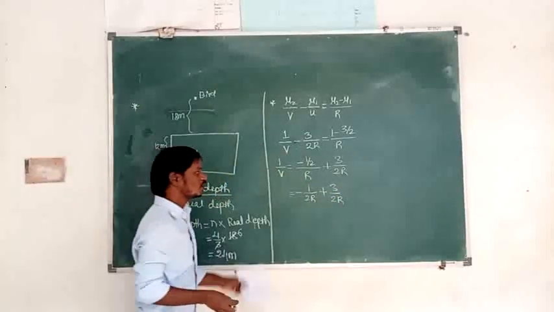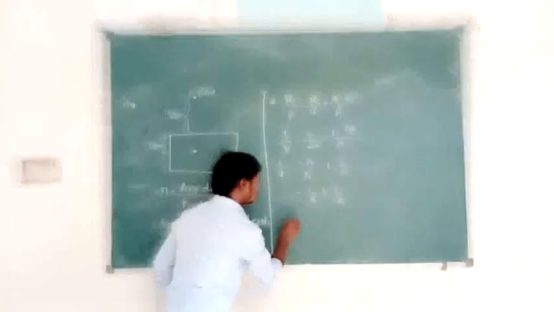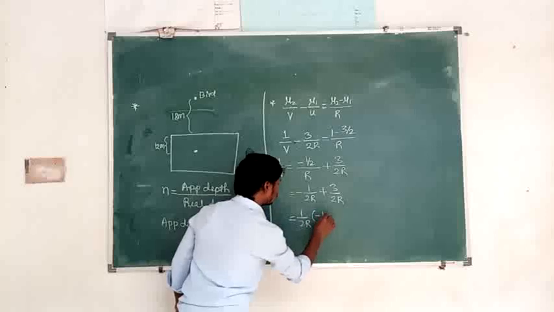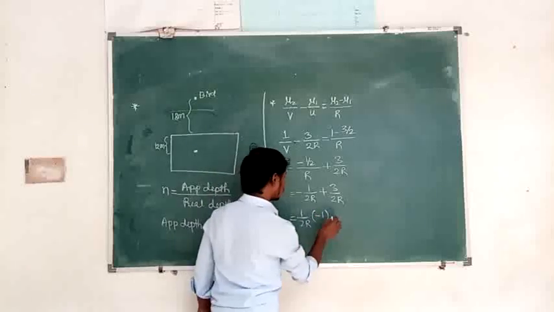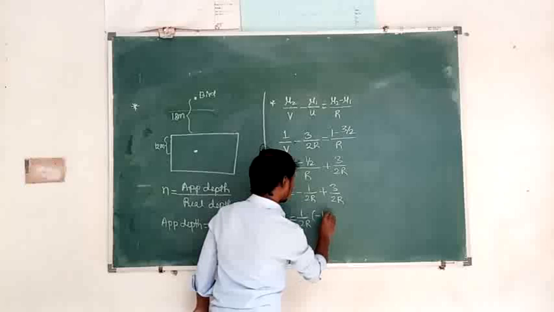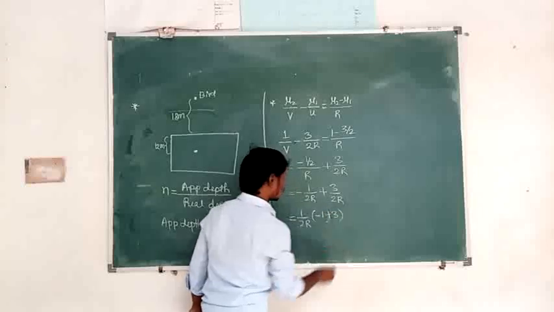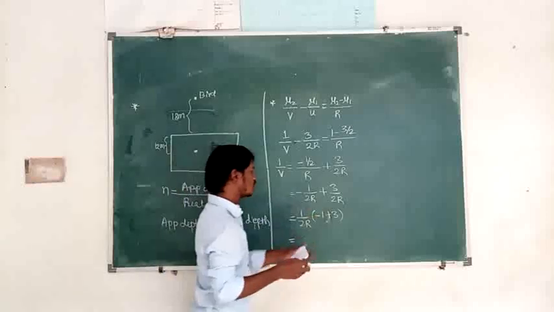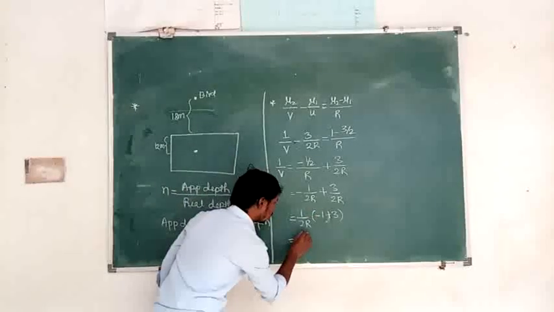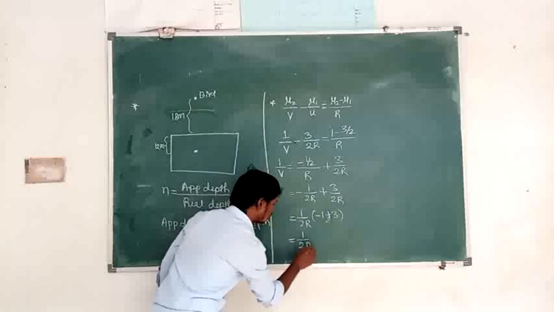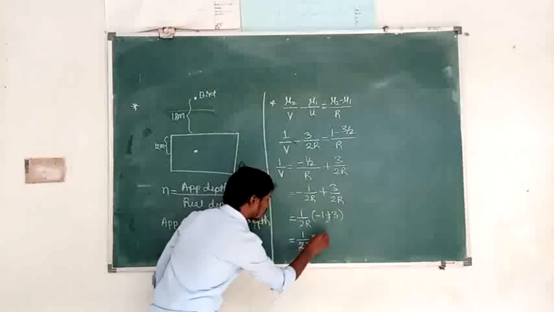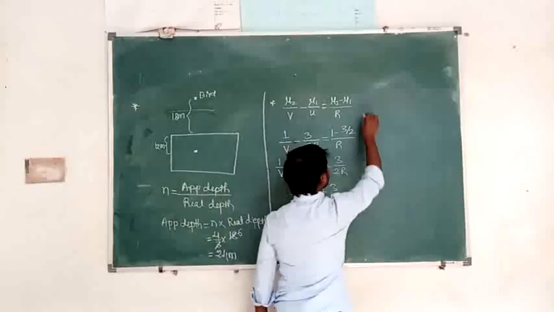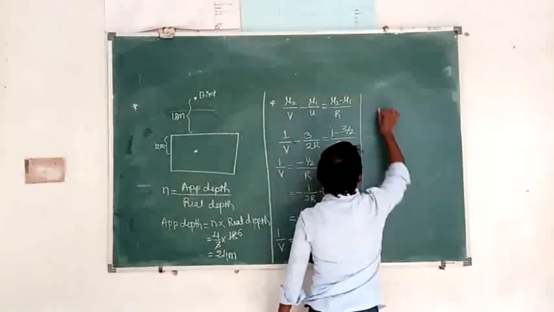What is common in both? 1 by 2R is common, so minus 1 plus 3, which is 2. So 1 by 2R into 2, then the 2 cancels. Then 1 by v is equal to 1 by R.